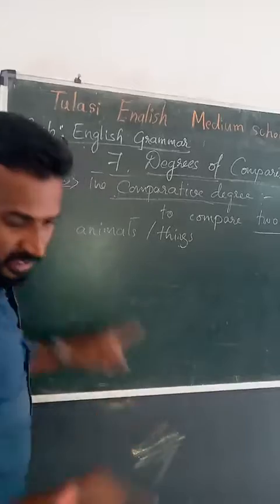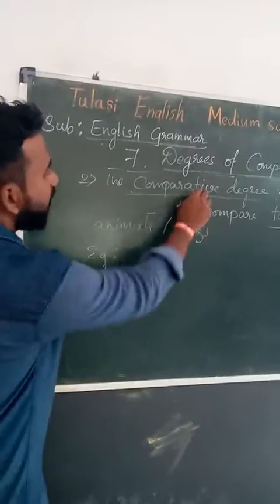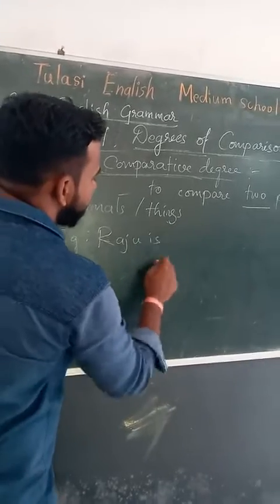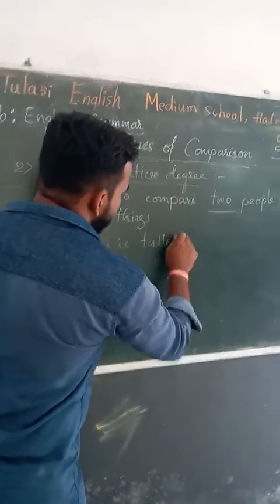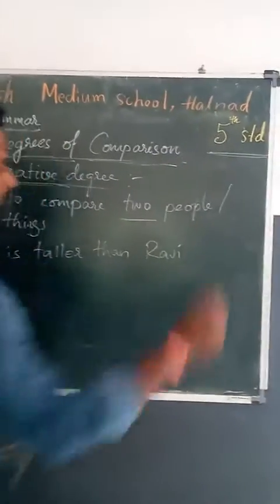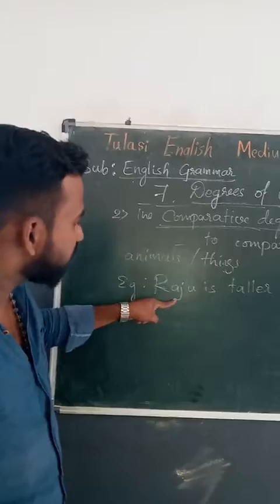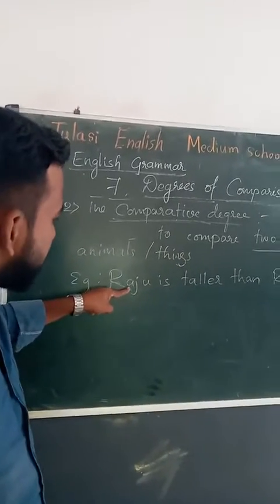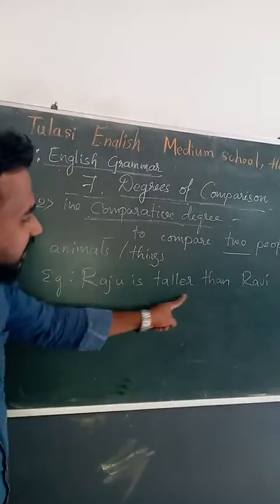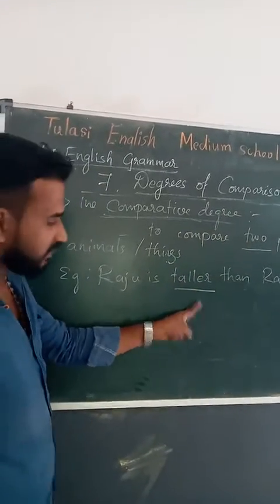See, one example, positive degree is clear now? We took the example, Raju is a tall boy. Example here for comparative degree, Raju is taller than Ravi. Here in this sentence, Raju is a name of a person. We use tall in the positive degree.